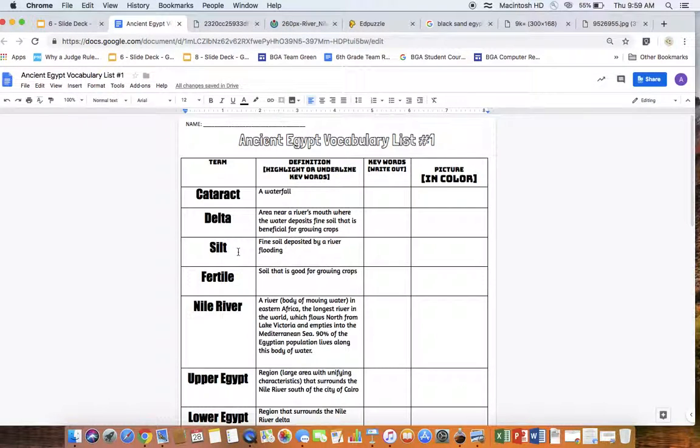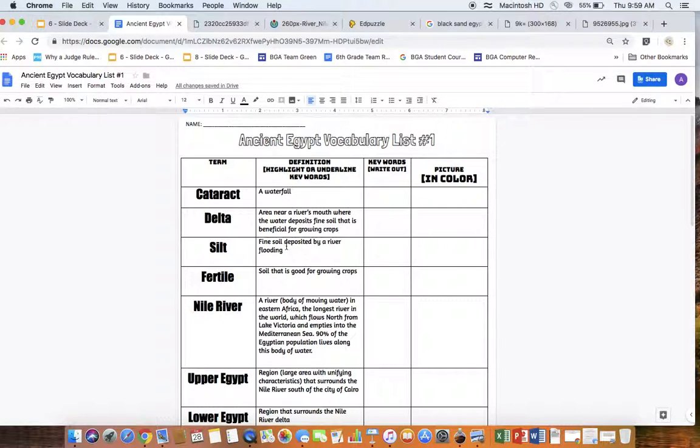Next one is silt, which is fine soil deposited by a river flooding. Every year the Nile River is going to flood. It floods for a series of time. It goes up many feet and covers lots of farming land, and when the water recedes, that's when the farmers go in and start planting food.